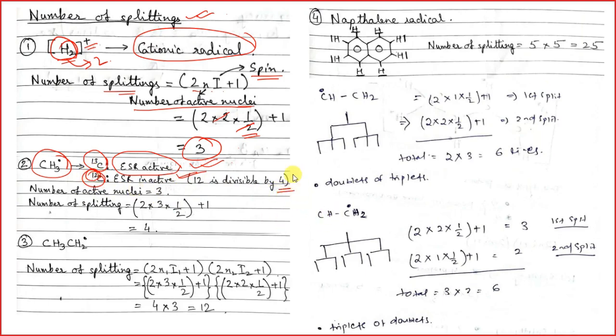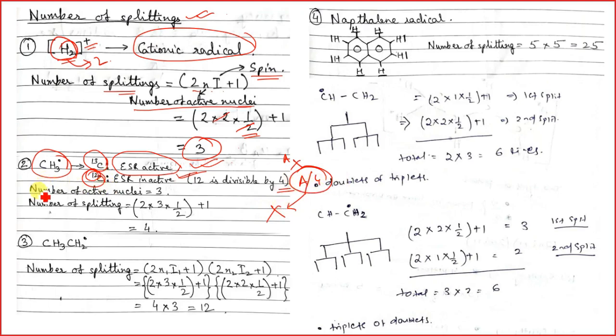It is important to note that any atom having an atomic mass A, if A is completely divisible by 4, then it will not give any ESR spectra. You should remember this.